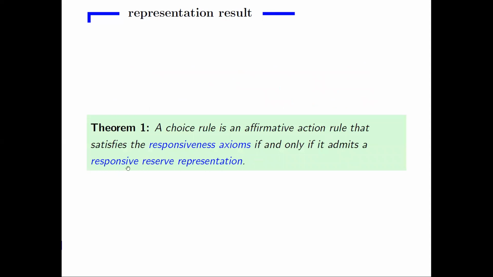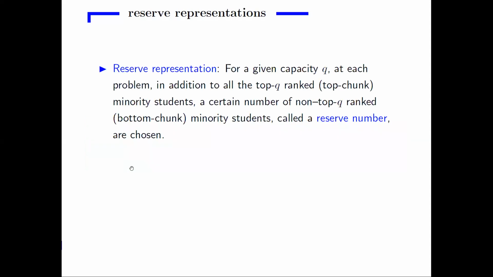I need some additional constraints on this representation. This is the most general, unstructured representation that one can think of, right? But as I think you notice, it is too general, it is too ad hoc. This reserve number can change in an arbitrary way from problem to problem. That is the problem.